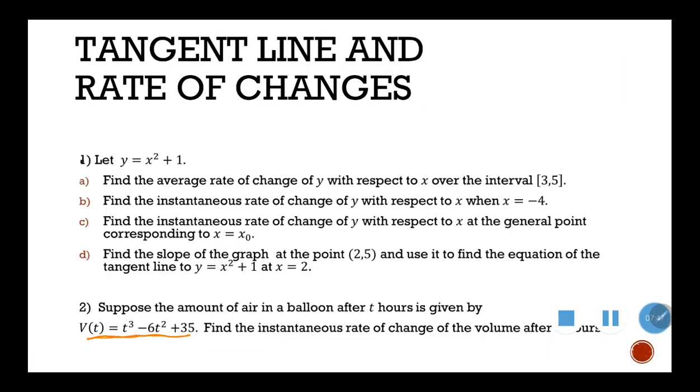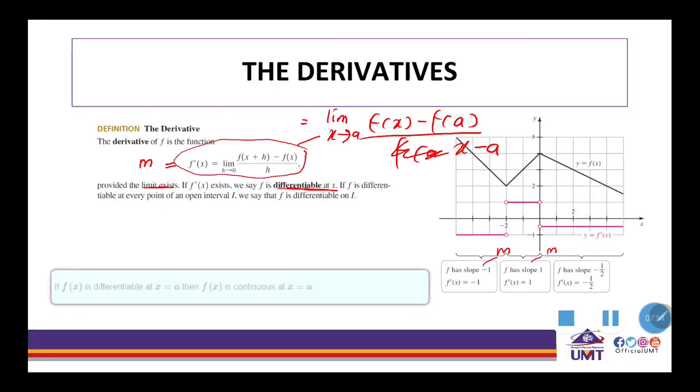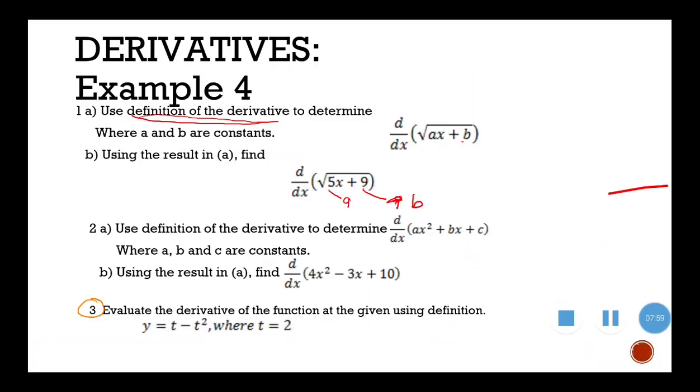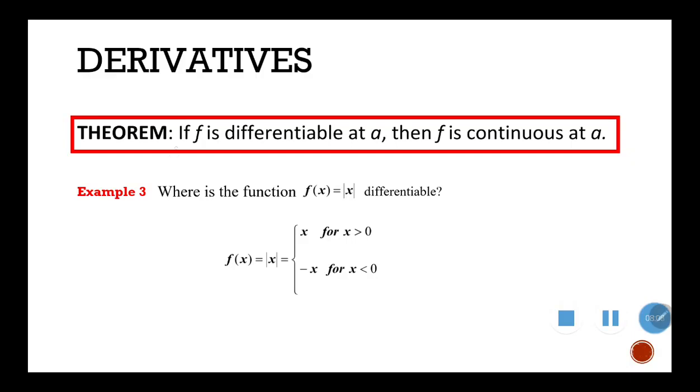We have tried to solve this equation using this method, just this time we are using this function that we need to solve. Theorem for derivative: if f is differentiable at a, then f is continuous at a. Continuous means there is no breaking point.